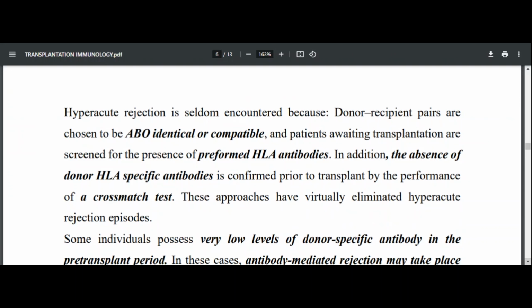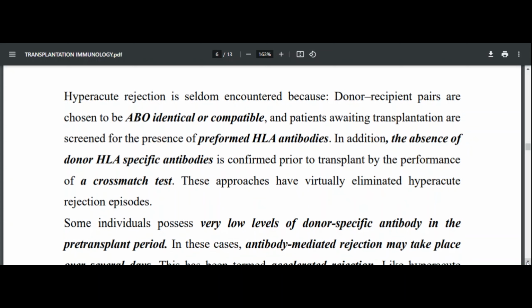This approach has virtually eliminated hyperacute rejection episodes. First of all, you cannot transplant a tissue before you confirm ABO compatibility, as that can be a very serious mistake. Secondly, you must always determine if there are preformed HLA antibodies against the tissue, in order to avoid hyperacute rejection.